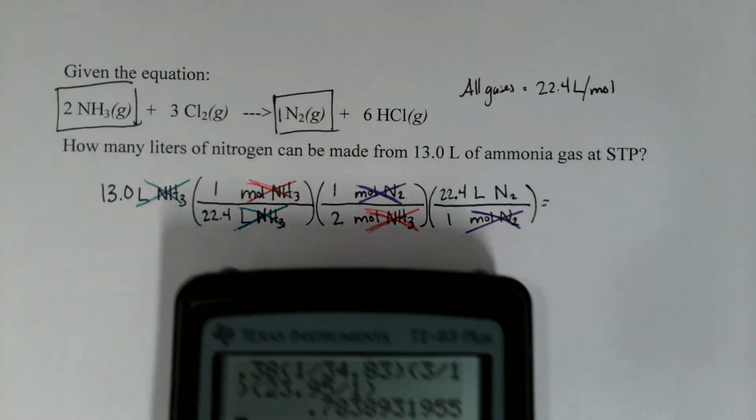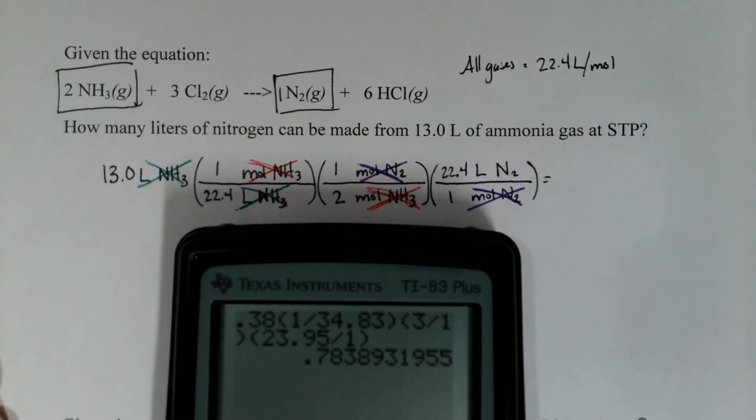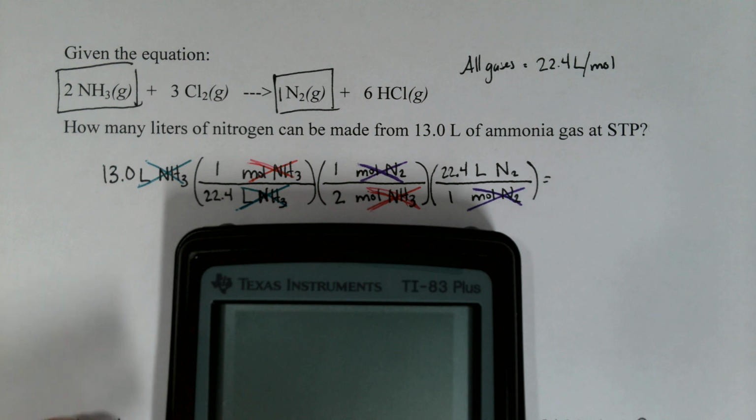Anyhow, let's type it in. 13, first parentheses, 1 over 22.4, next 1 over 2, and next 22.4 over 1.